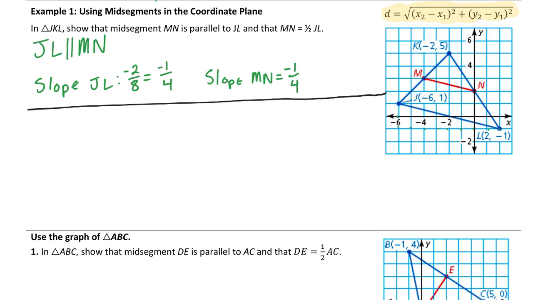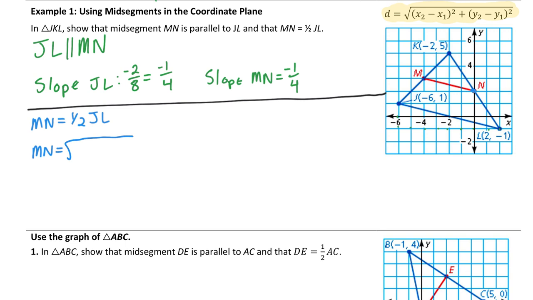The slightly harder part is to prove that MN is 1/2 of JL, because that requires us to use the distance formula. And to be honest, the distance formula uses something that we're going to cover later on in class, but I'm going to first find the length of MN. So using the distance formula, we would do x2 minus x1, and for MN it's going to end up being 4, okay?